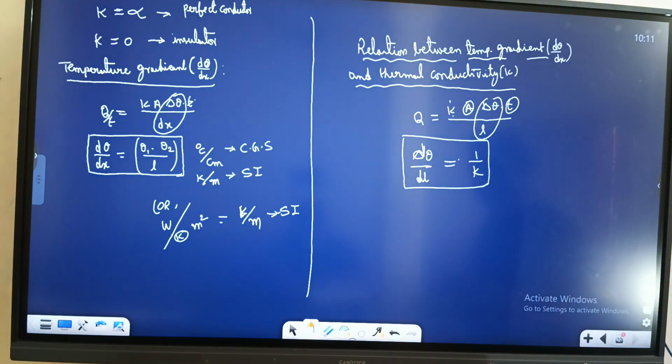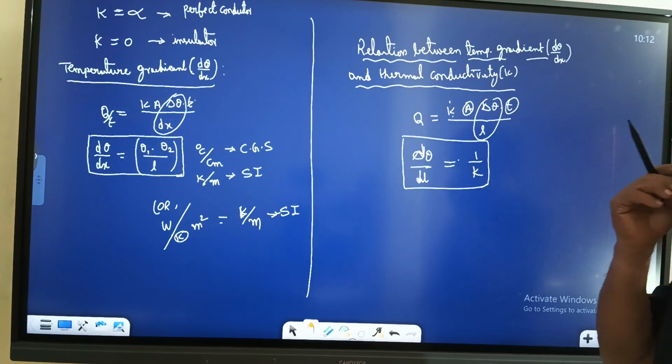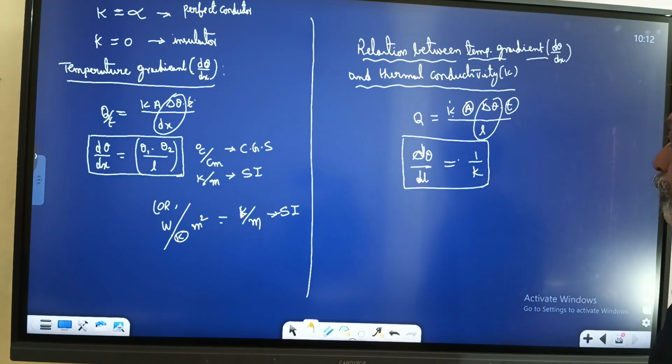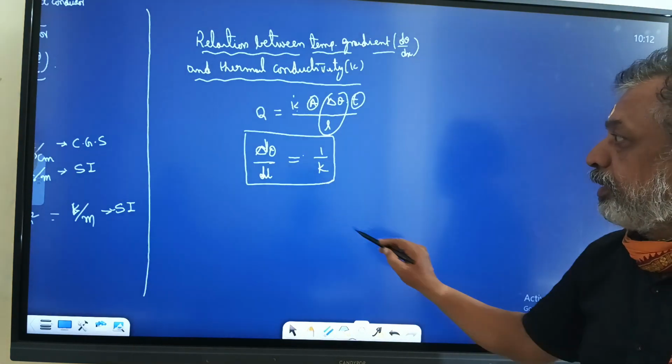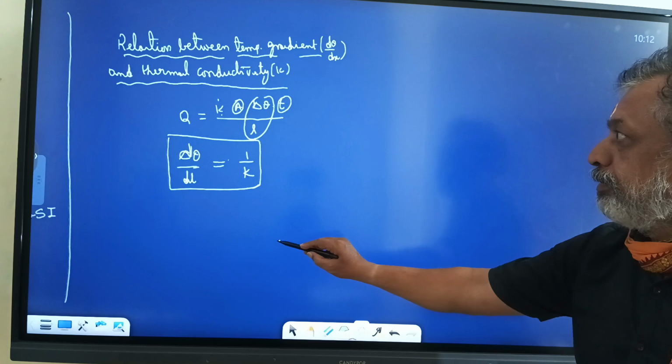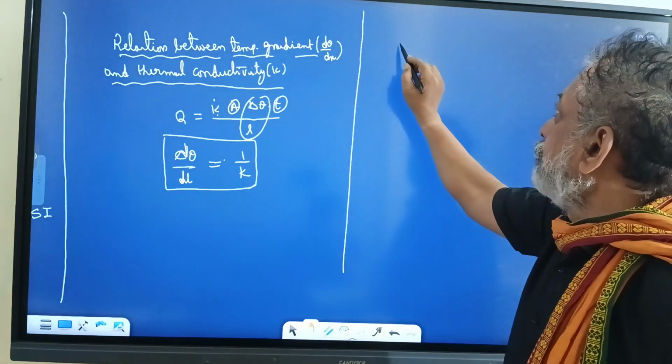Okay, this is my thermal resistance piece. Once you have understood this, go to thermal resistance.